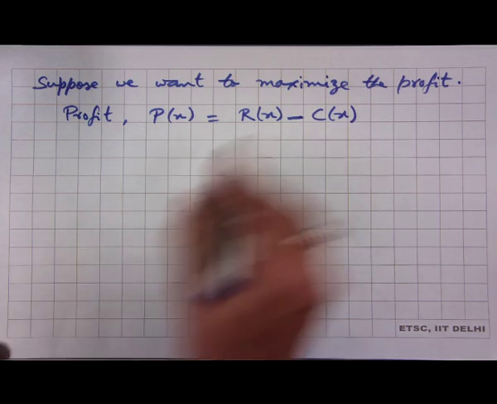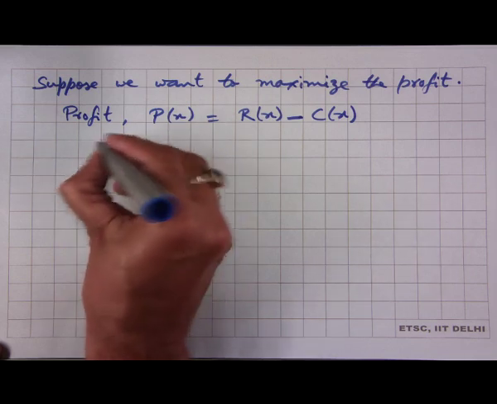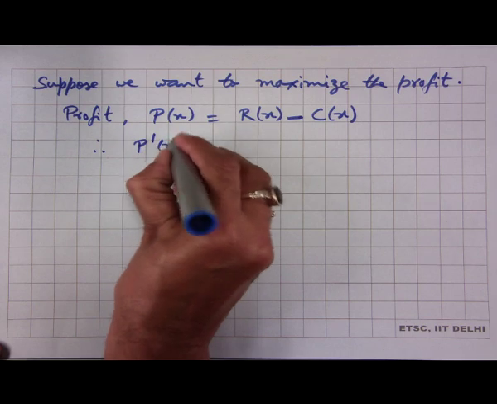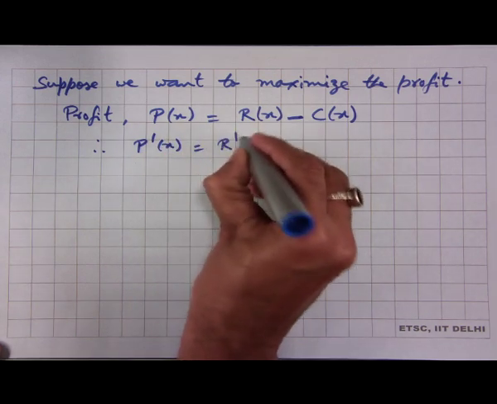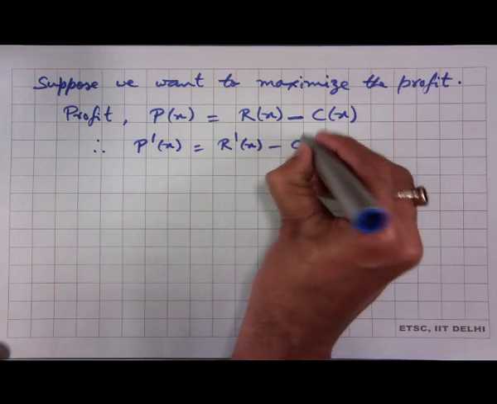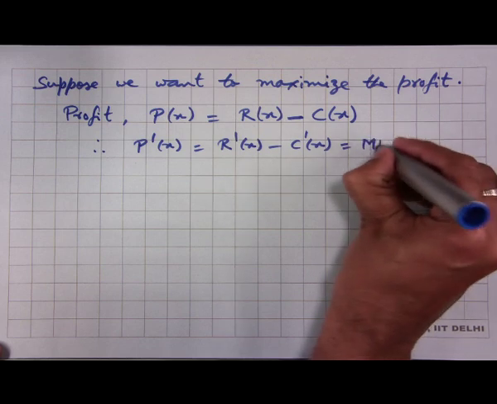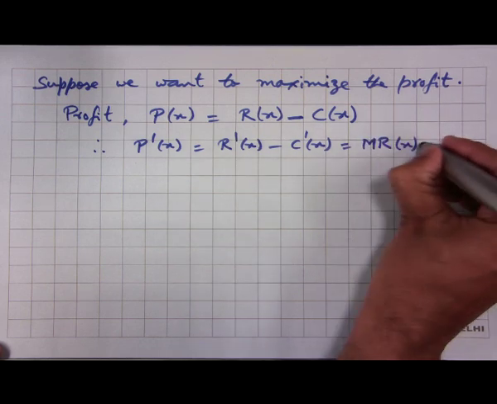Now, to maximize the profit, if we take the derivative P prime x, this is equal to R prime x minus C prime x, which is the marginal revenue minus the marginal cost.